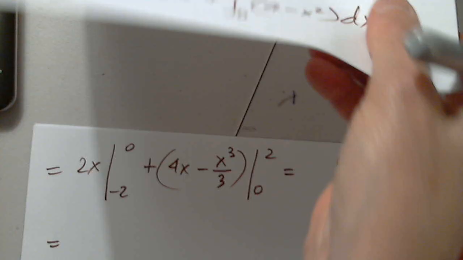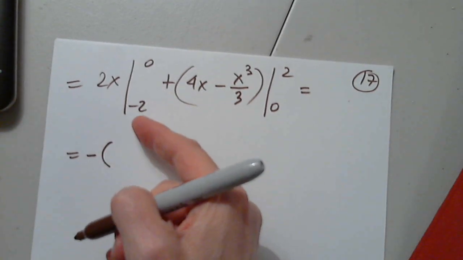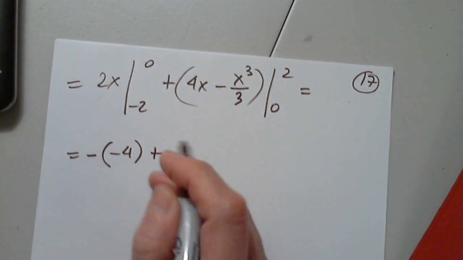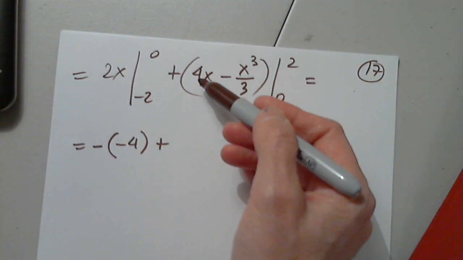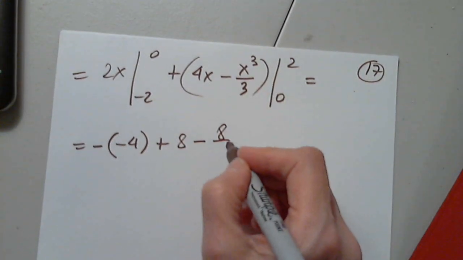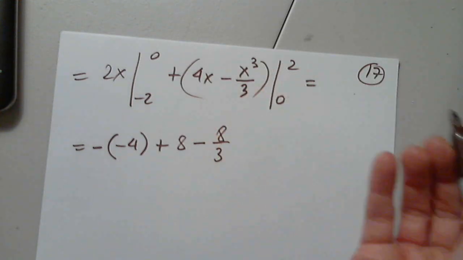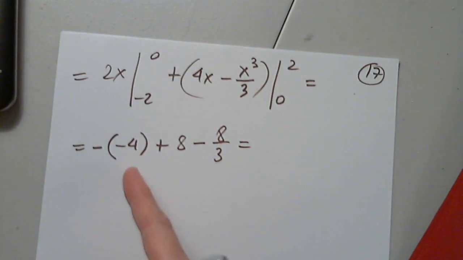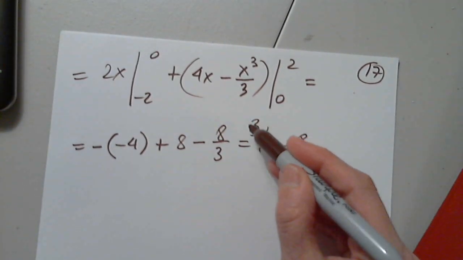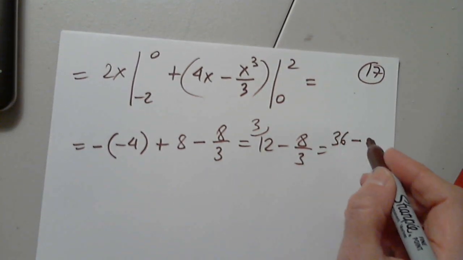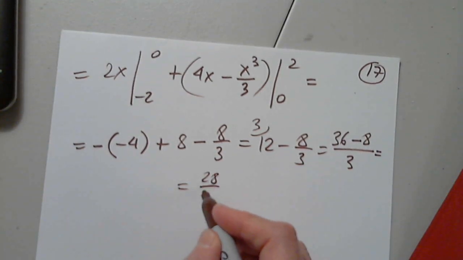So now I plug in 0, and I get 0 minus what I get when I plug in -2, plus. Luckily, I don't have to plug in 0 in the second piece. I will only have to plug in 2. 4 times 2 is 8, minus 8/3. Because when I plug in 0, this is a polynomial, I get 0. So positive 4 plus 8, 12, minus 8/3, so times 3, 36 minus 8, divided by 3. So that is 28 over 3.